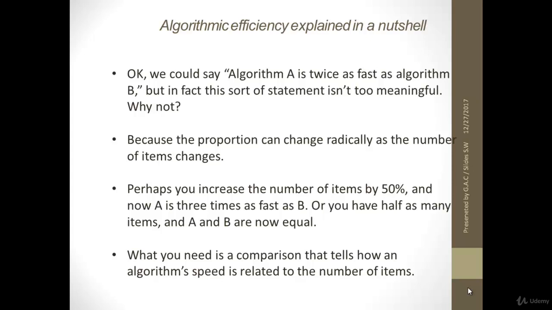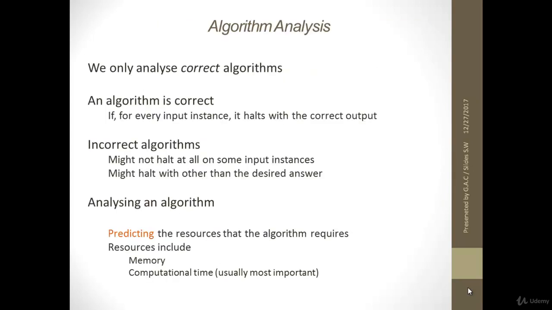If the size of the data set is changing, we can't always say algorithm A is twice as fast as algorithm B. So what we need is a comparison that tells how an algorithm's speed is related to the number of items, how the speed changes with the number of items. Therefore, we are going to use algorithm analysis.